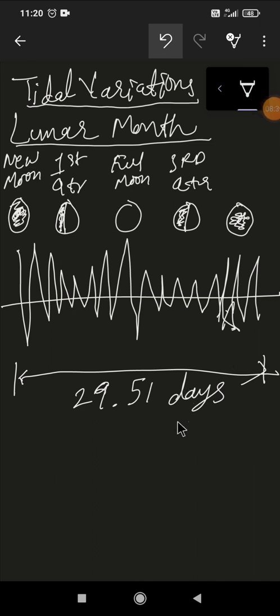If we draw the Sun-Moon system, suppose the Sun is in the middle, and we draw four phases, 1, 2, 3, 4. This is the Earth, and suppose the Moon is in this direction.